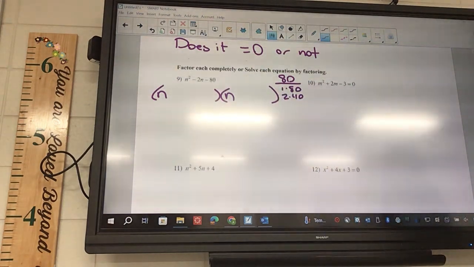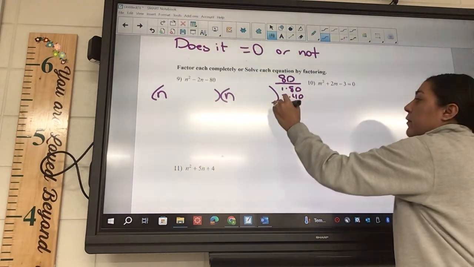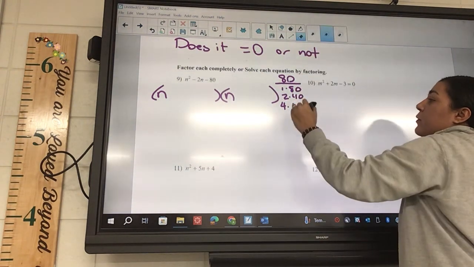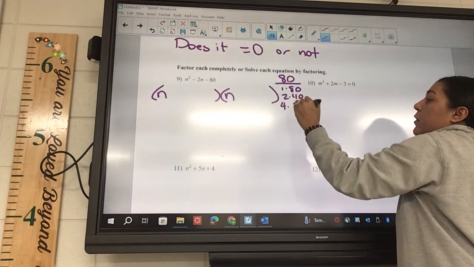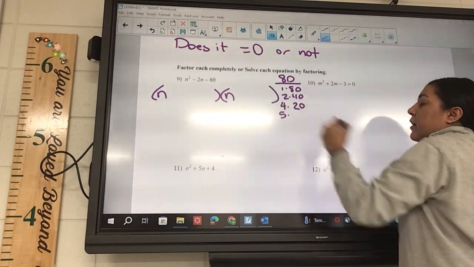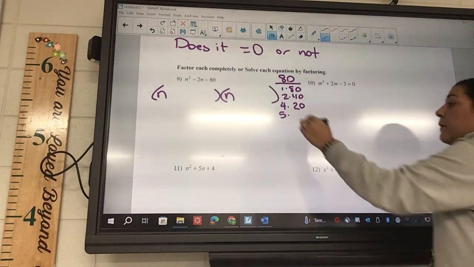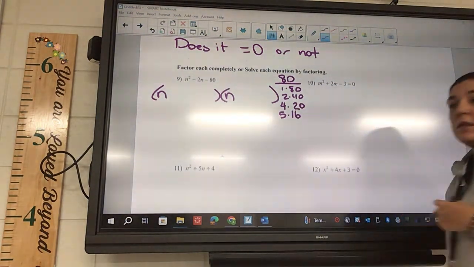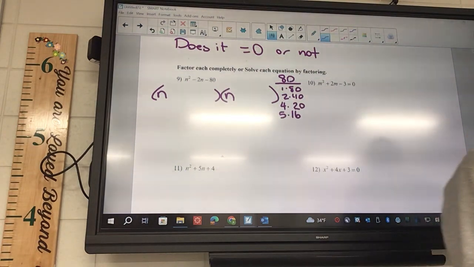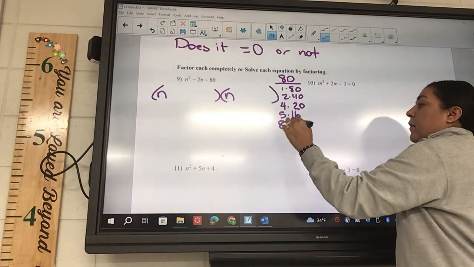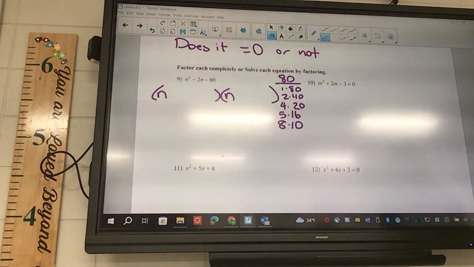Does 3 go in? No. 4 and 20. 5 and 16. Does 6 go in? No. 7, no. 8 and 10. That's not possible for that.